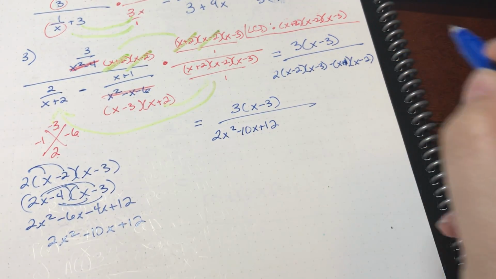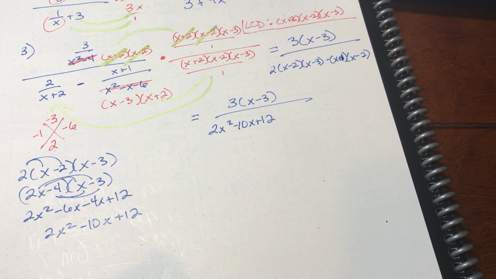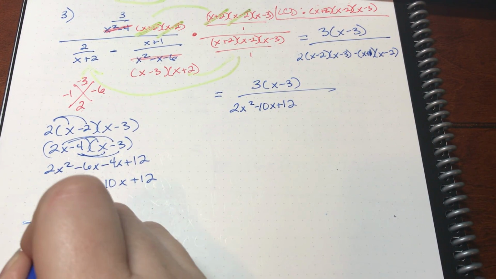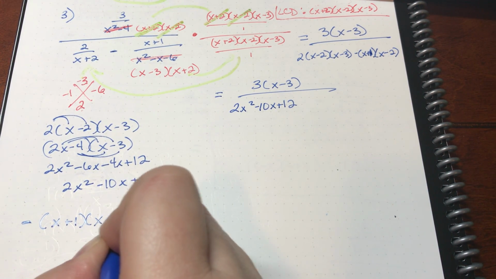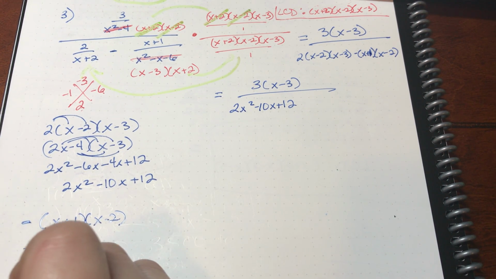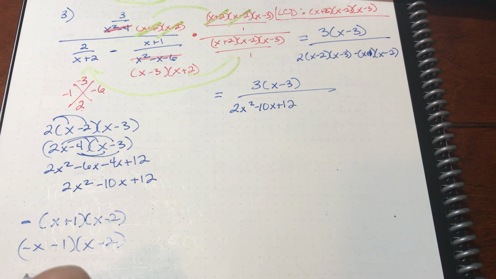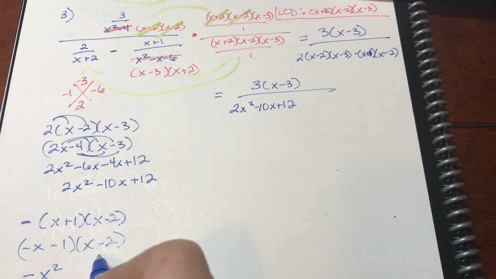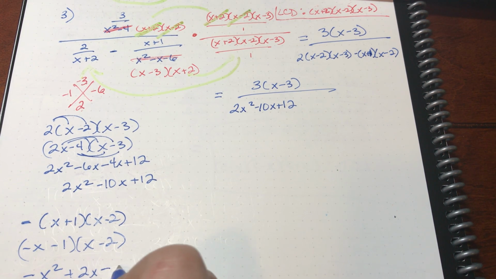Okay. And then I'm going to do the same thing with the second one. Just do it off to the side again. So negative x plus 1, x minus 2. So negative x minus 1 times x minus 2. So that's negative x squared plus 2x minus x plus 2.